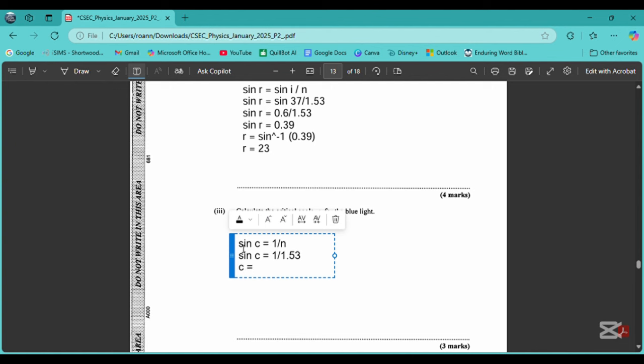And c would be equal to sine inverse 0.65, because 1 divided by 1.53 is 0.65, and c would be 40.5 degrees.